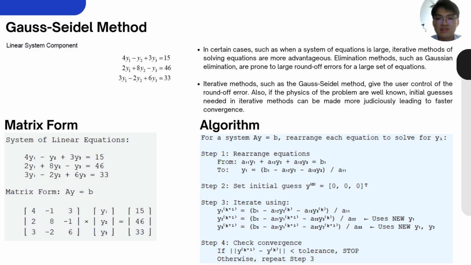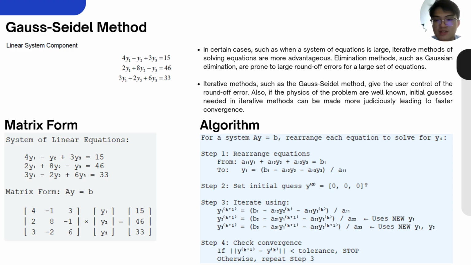For the algorithm in this Gauss-Seidel method, for the first step, we need to rearrange the three equations into y-independent form. Next, we set the initial guess y0.